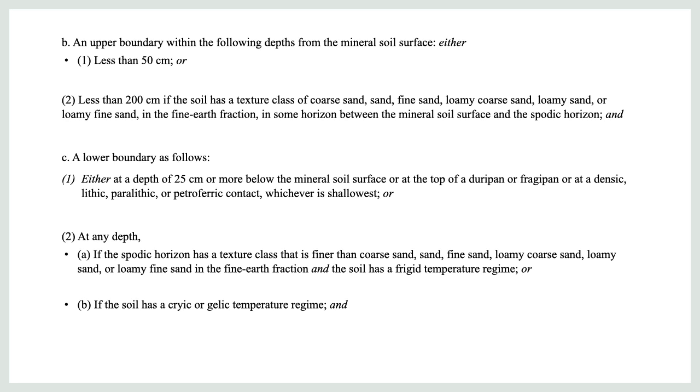So I should register the spodic material in the first 50 centimeters, or 200 centimeters if I register a sandy texture. Okay, I should fit one of these two options.